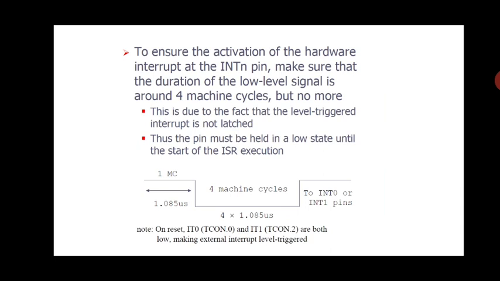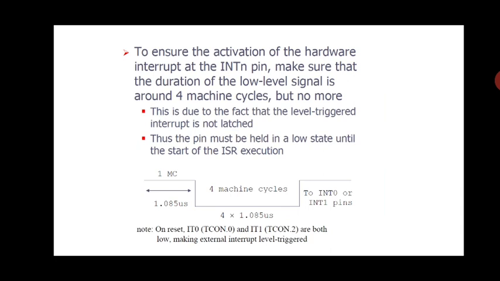Now look at the sampling that ensures the activation of the hardware interrupt at pin INTn, which will be 0 and 1. Make sure that the duration of a low level signal is around 4 machine cycles. This is very important here: the interrupt will be recognized for the 4 machine cycles.